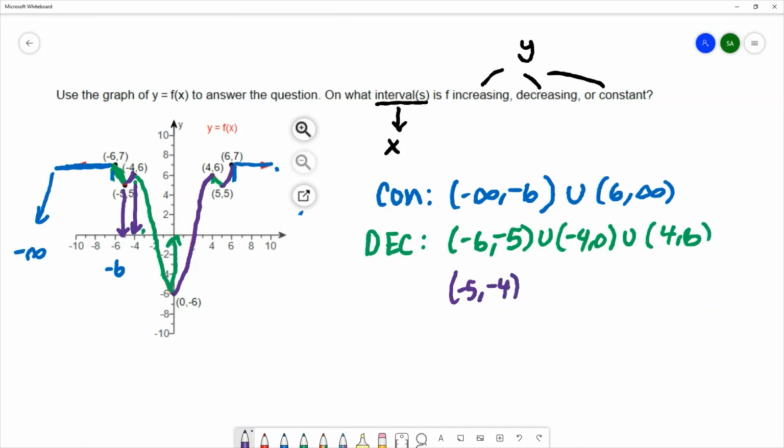And this purple section starts at 0 and continues to 4. This one starts at 5 and goes until 6. So those are my intervals of increasing. It's increasing from negative 5 to negative 4, union with 0 to 4, union with 5 to 6.